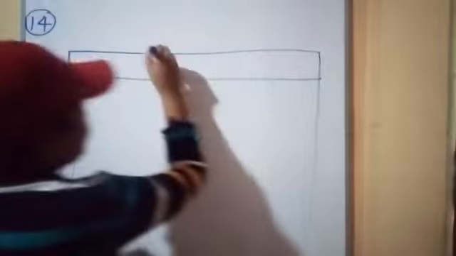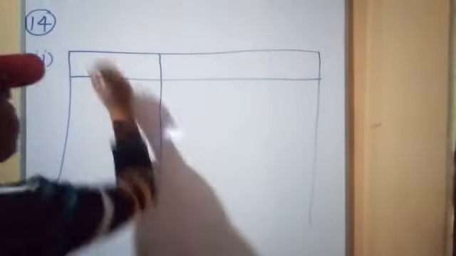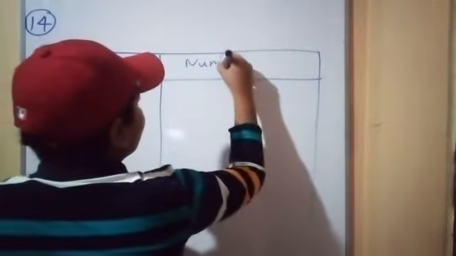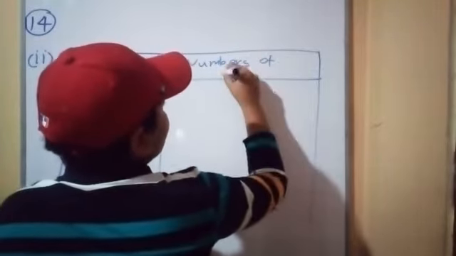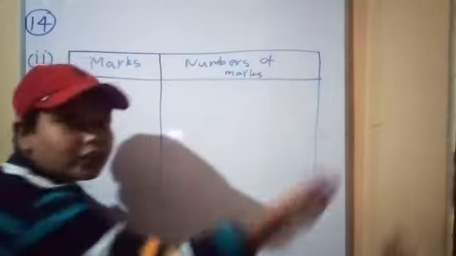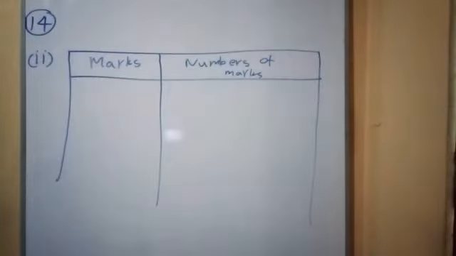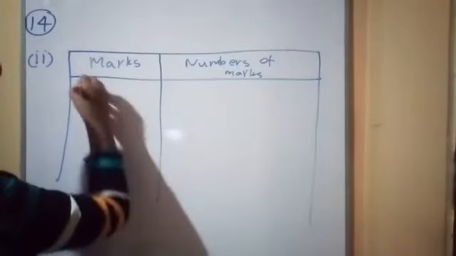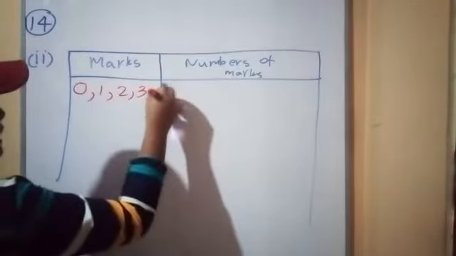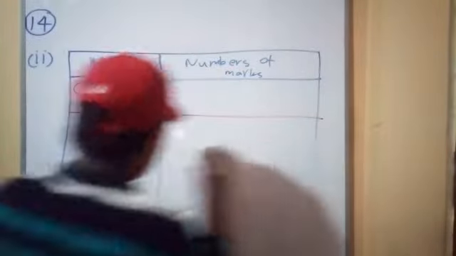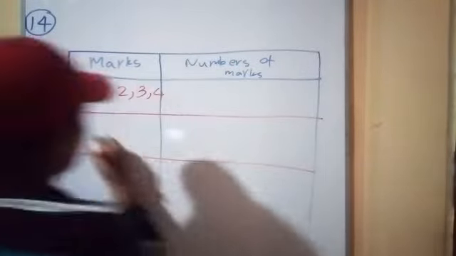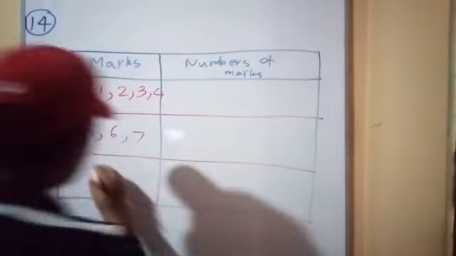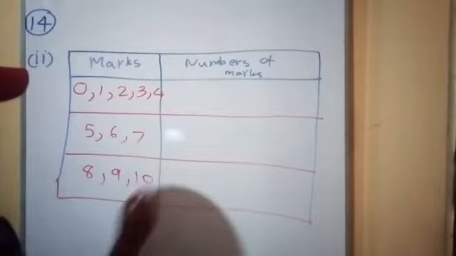The second sub question. Now like this, marks, number of students that got marks in the exam, that you can see. Numbers given 0, 1, 2, 3, 4 in this column. In this column we have 5, 6, 7 and in this column 8, 9, 10.